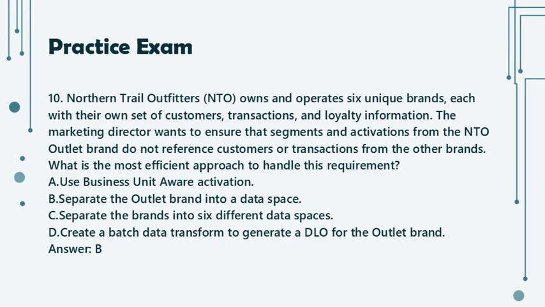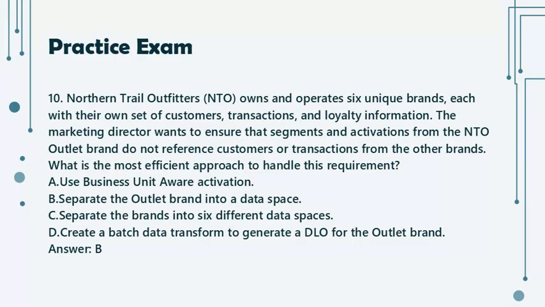10. Northern Trail Outfitters, NTO, owns and operates 6 unique brands, each with their own set of customers, transactions, and loyalty information. The marketing director wants to ensure that segments and activations from the NTO outlet brand do not reference customers or transactions from the other brands. What is the most efficient approach to handle this requirement?